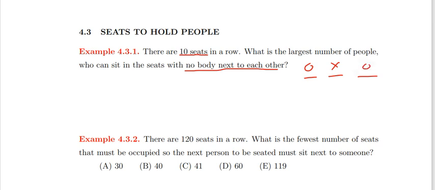So if we have 10 seats, only alternating seats can be used, and we find only five people can sit there, guaranteeing nobody is next to each other.